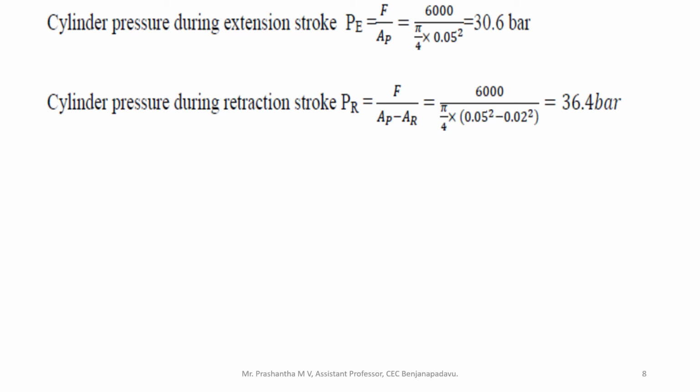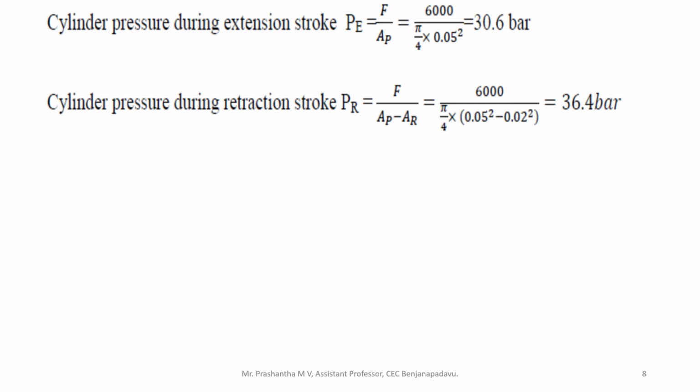Next is cylinder pressure during retraction PR. Pressure during retraction equal to force during retraction dividing by annulus area. Force during retraction is 6000, same as force during extension, dividing by annulus area AP minus AR, pi by 4 in whole bracket, inside the bracket 0.05 square minus 0.02 square.